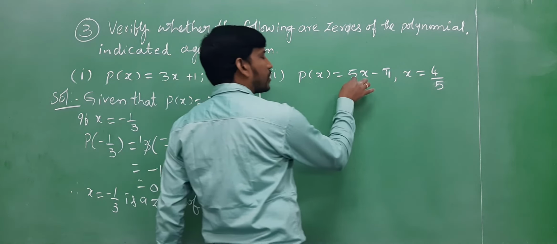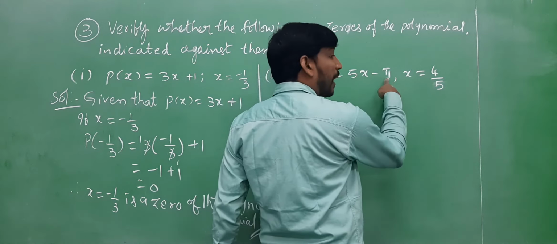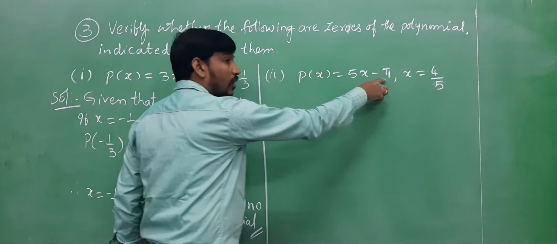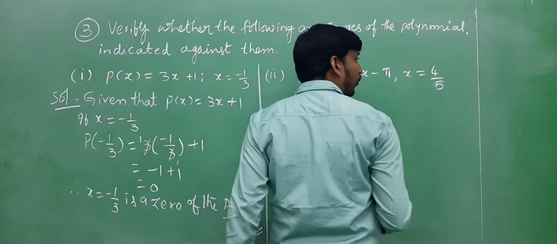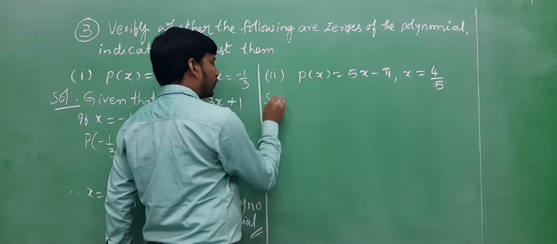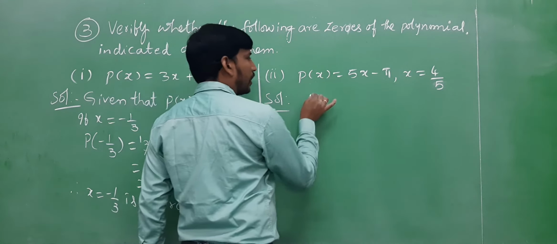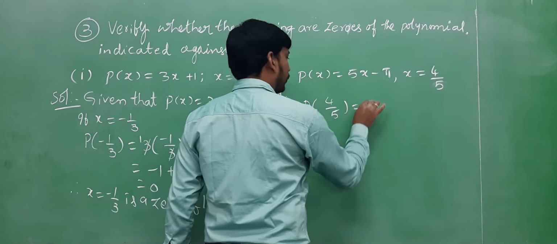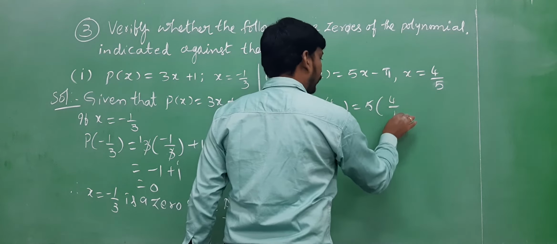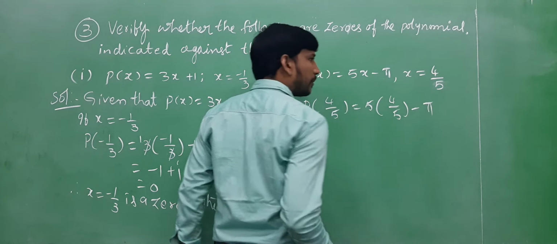Here p of x is equal to 5x minus pi. This is pi. Pi is always an irrational number. Now, x equal to 4 by 5. Now solution. So substitute here p of 4 by 5, which is equal to 5 into 4 by 5 minus pi.